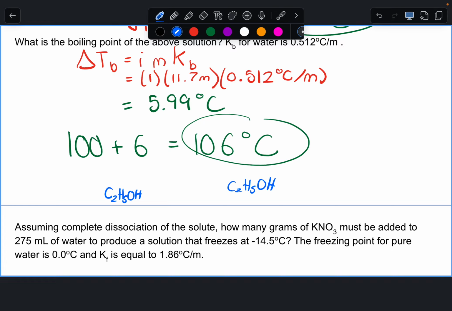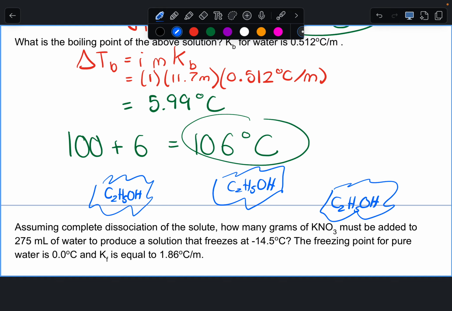So it breaks into its molecules. The molecules aren't near each other, but then the water just surrounds each individual molecule. So if I have 100 units of ethanol, 100 molecules, I'll get 100 little ethanol molecules in the water, and they'll all get surrounded by the water.